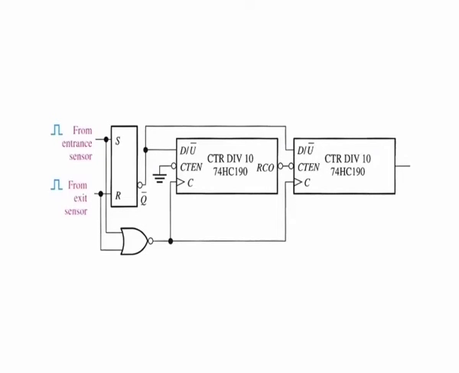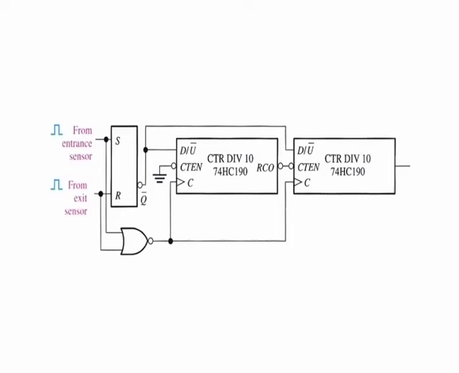It consists of two cascaded 74HC190 up-down decade counters. The counter is initially preset to 0 using the parallel data inputs. Each automobile entering the garage breaks a light beam, activating a sensor that produces an electrical pulse. This positive pulse sets the SR latch on its leading edge.